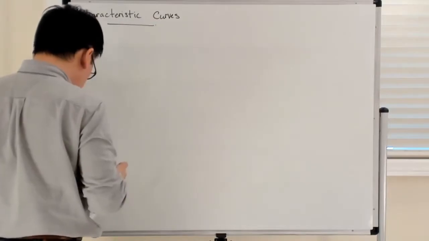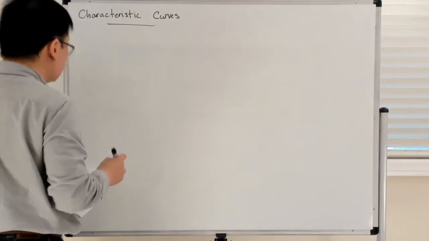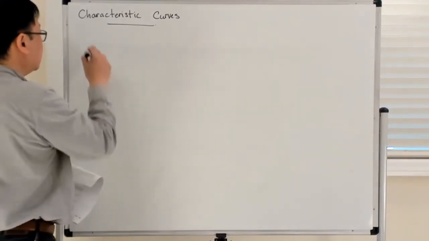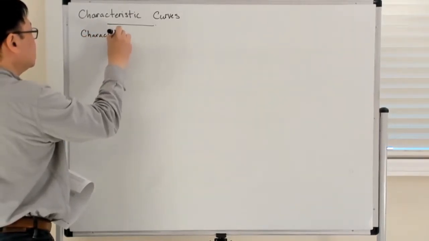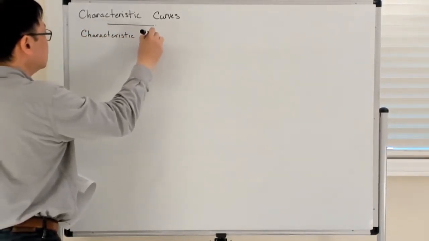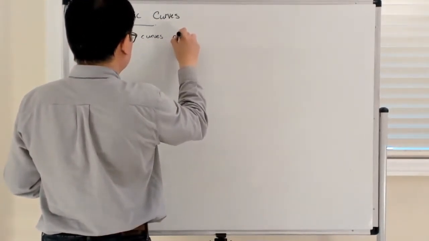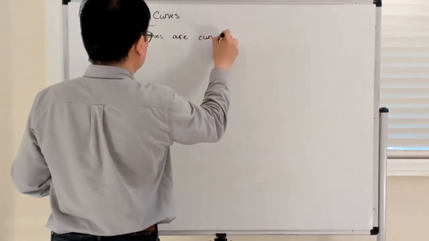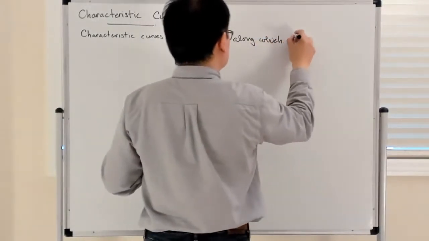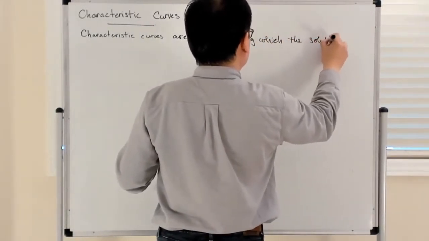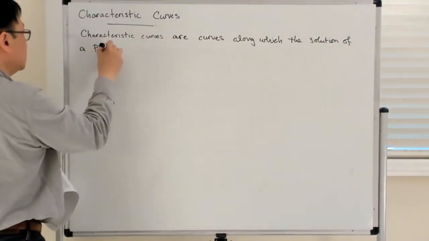So the whole point of characteristic curves is that they are curves along which the solution of a PDE is constant.